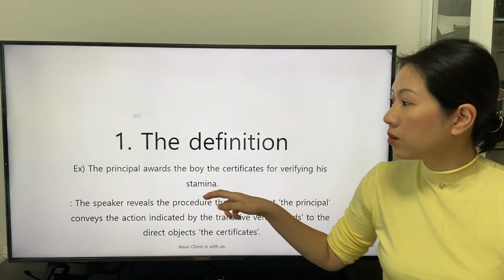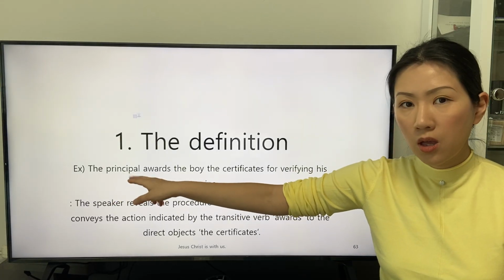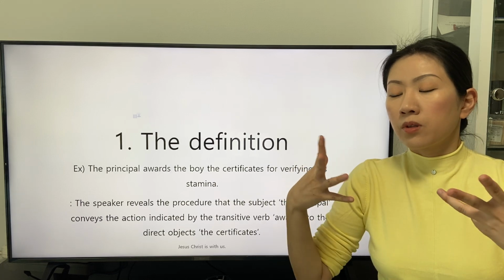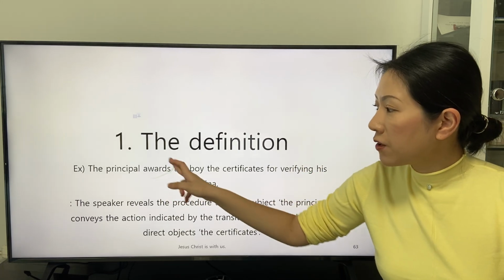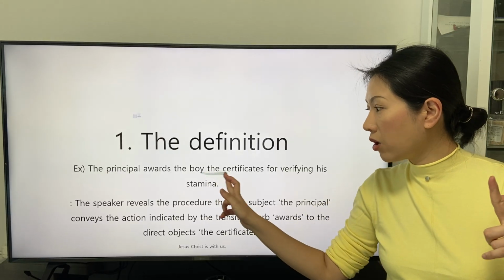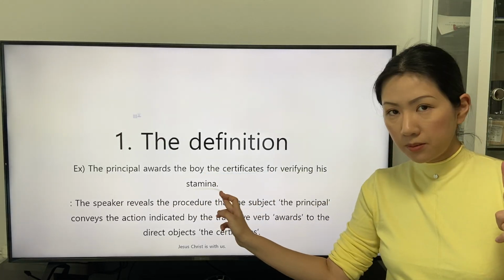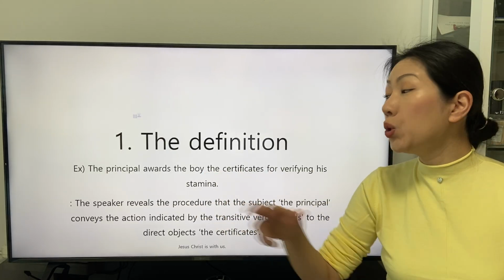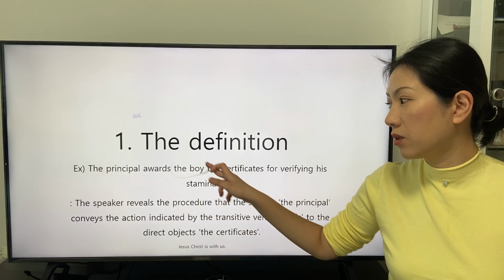Secondly, the subject gives the definition of the transitive verb award and the direct object to the indirect object, the boy.